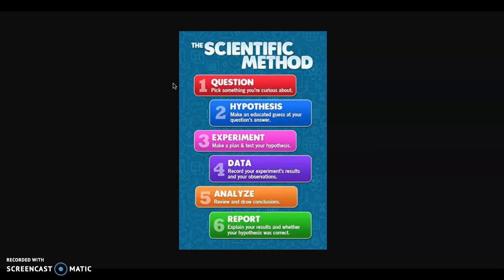The other important vocabulary word within question is variable. Variable is quite different than control. Variable is the part of the experiment that is changed. And so in your analysis, stage 5 down here, you are comparing the results of the variable to the results of the control.